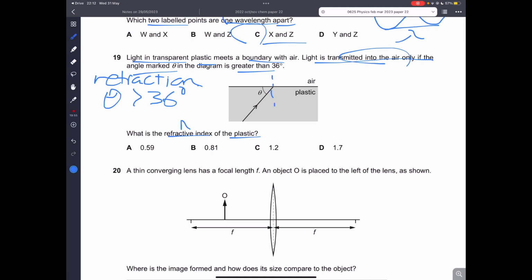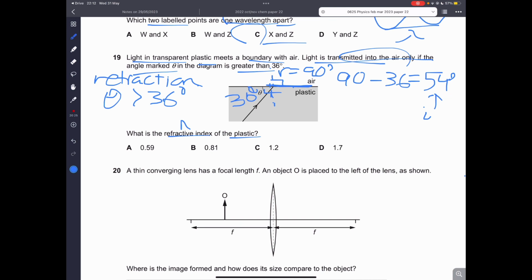And now we can draw an imaginary normal line, and here we can see the refraction angle r is equal to 90 degrees, and this has to be 36 degrees. But this is not the angle of incidence. To find the angle of incidence, we have to do 90 minus 36, because there's a 90 degrees, and so we got 54 degrees, and this is the angle of incidence.